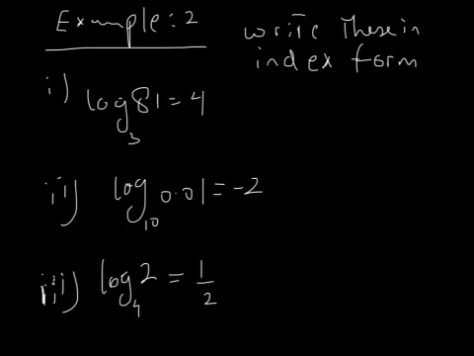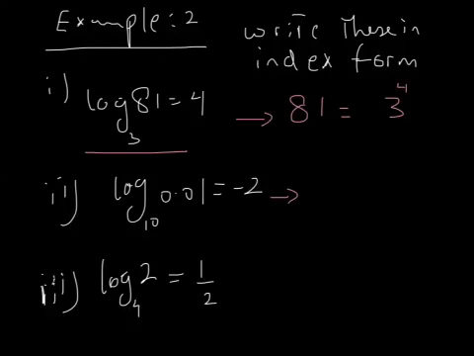Now in this example we're trying to switch from logarithm form to index form. If we look at the first question, we have log 81 base 3 is equal to 4. That can be written as 81 equals 3 to the power 4. Same thing here.